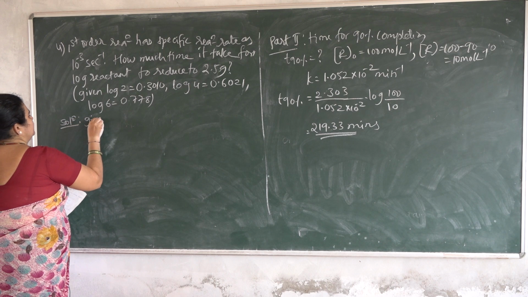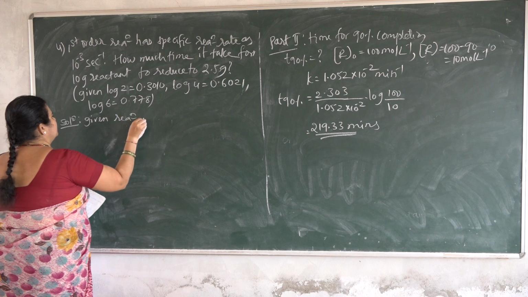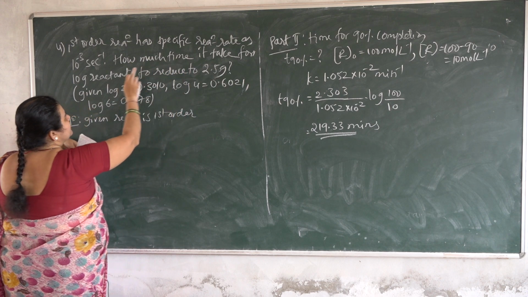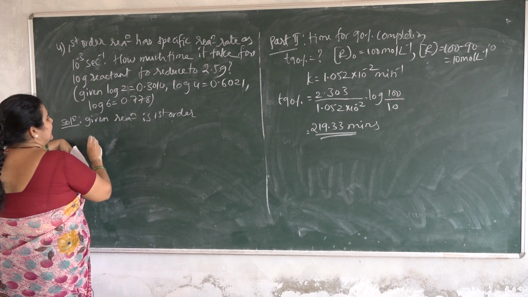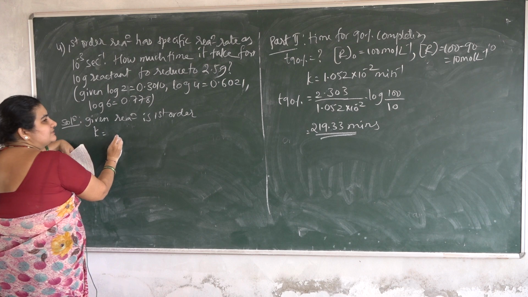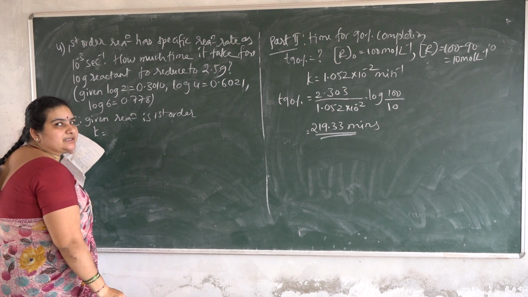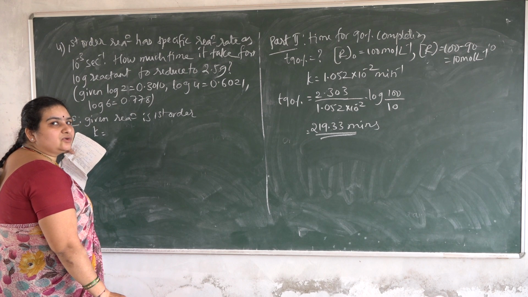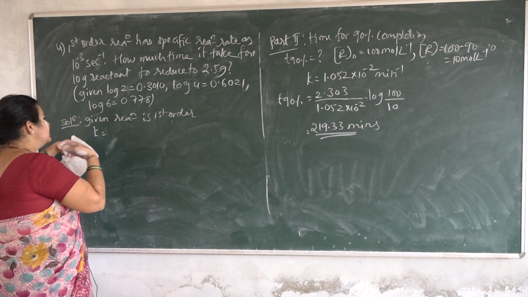Given the reaction is first order, so write the things which are given here. Specific reaction rate, K, the rate constant, is also called by the name specific reaction rate, as I have just told you while dealing with the class.